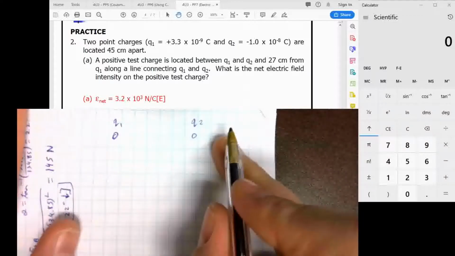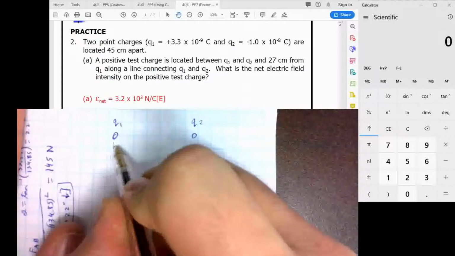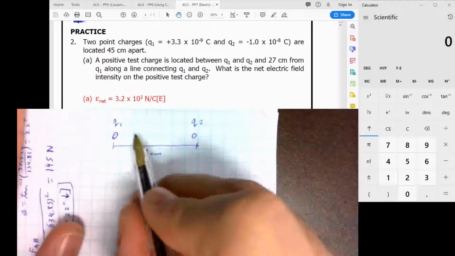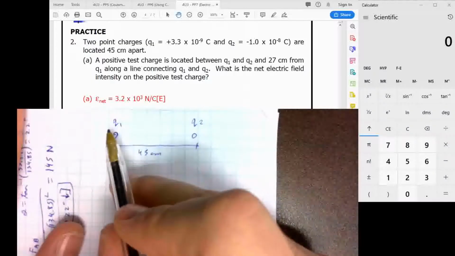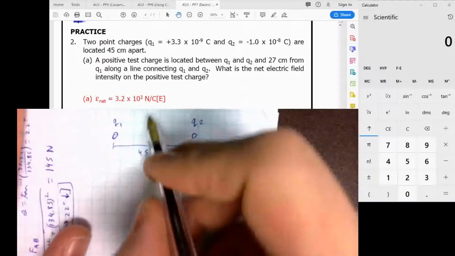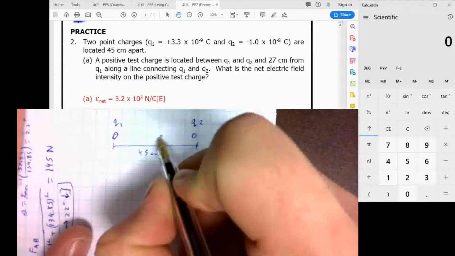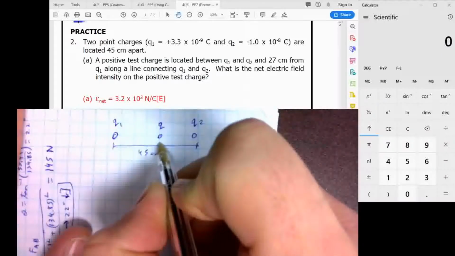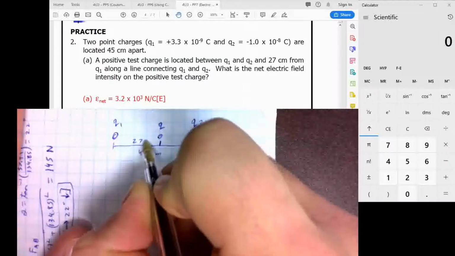Q1 and Q2, they are 45 centimeters apart. Somewhere between them, it says a positive test charge located between Q1 and Q2, and it's 27 centimeters from Q1. So this we're going to call Q, and the distance to here is 27 centimeters.